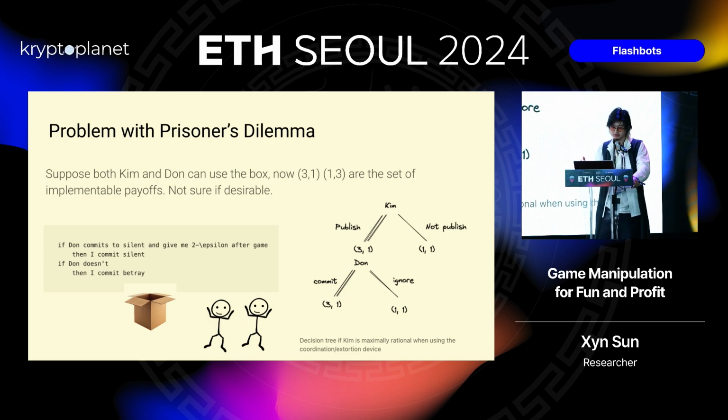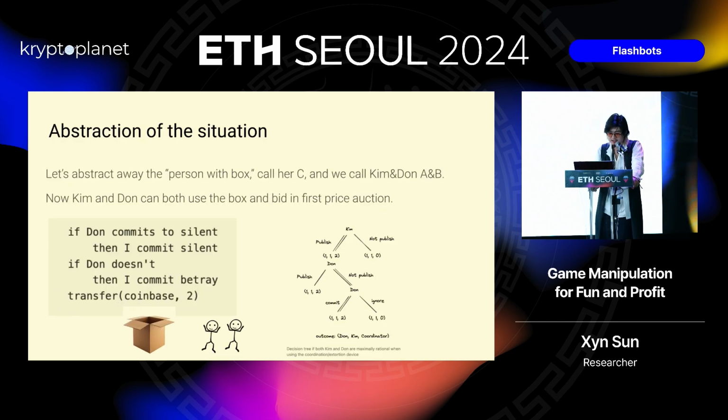So if you draw it out, the rational move for the people to delegate is to say that if Don commits to being cooperative and gives me 2 minus epsilon after the game, then I commit to being cooperative. If Don doesn't, then I commit to defect. Now if we draw the decision tree, we see that the only two possible payoffs are either 3-1 or 1-3, which are fully extractive, and I'm not sure that's really desirable.